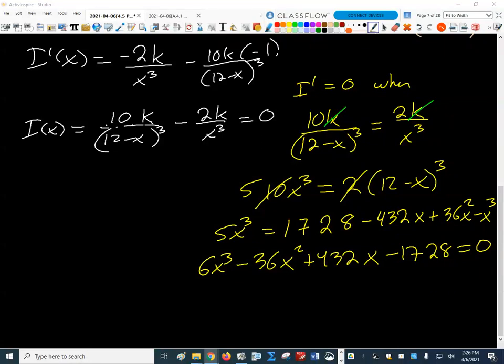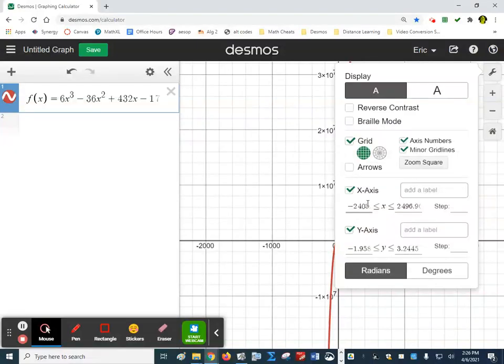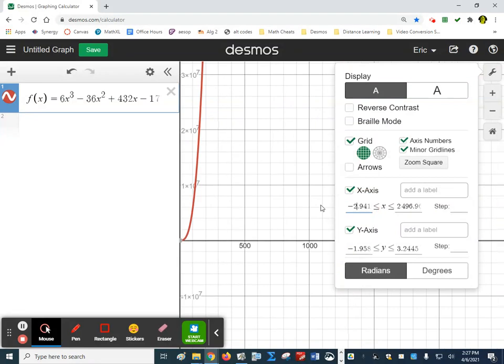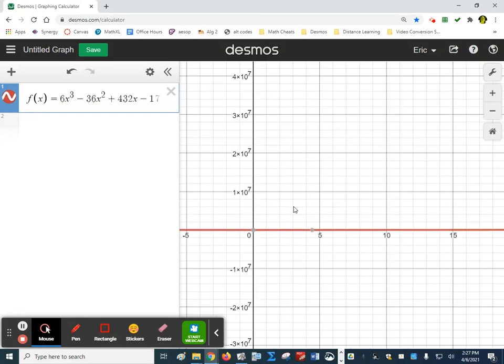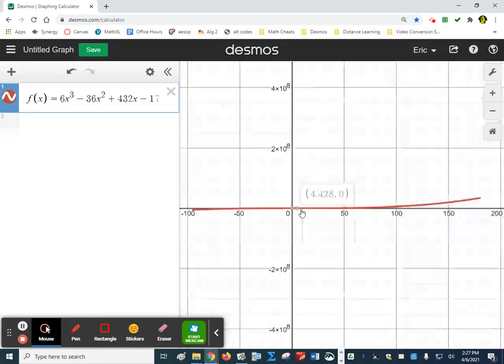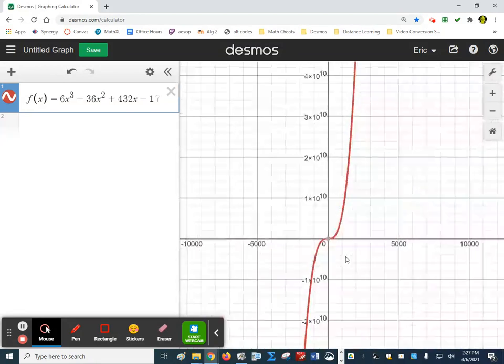So we could have even just gone to Desmos and just set this thing up so it went from, well, I'm just going to go like from -2 to 14. I guess I made that way too big, but you get the idea. That's a better scale, maybe.